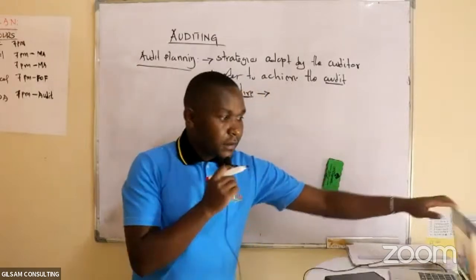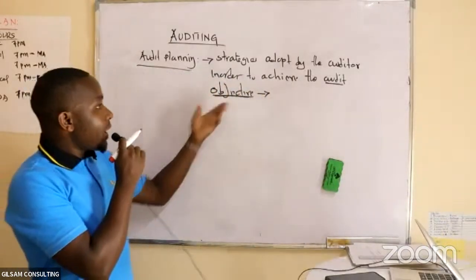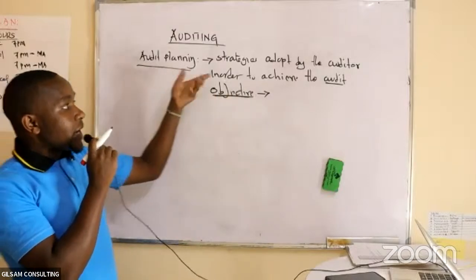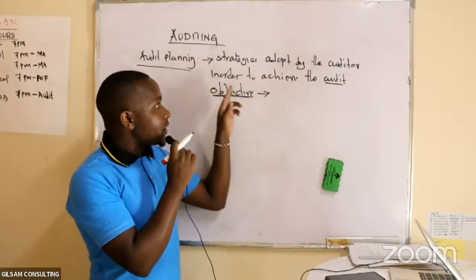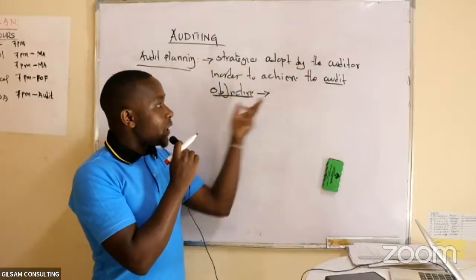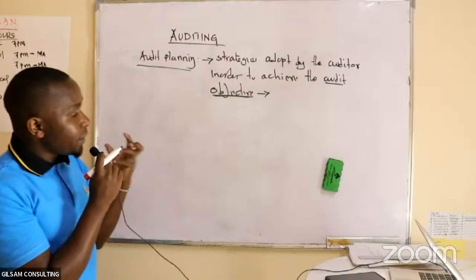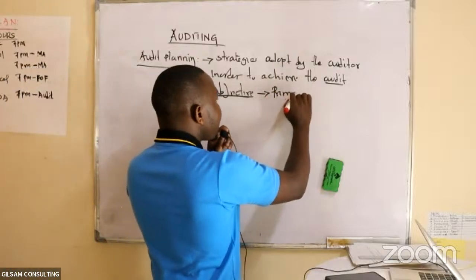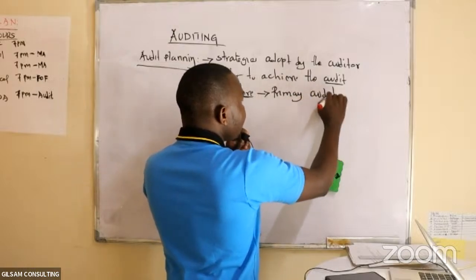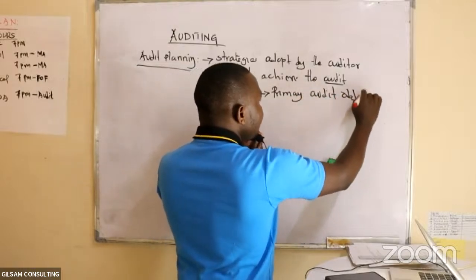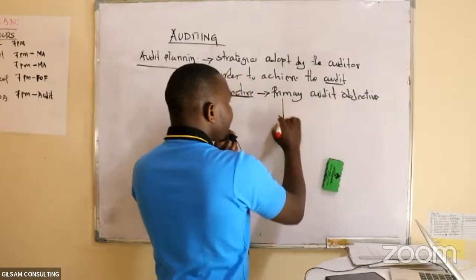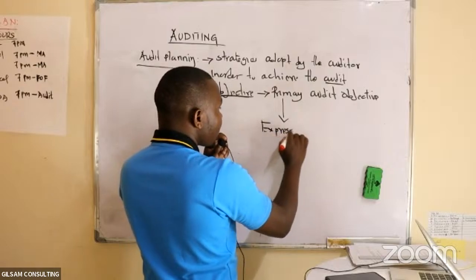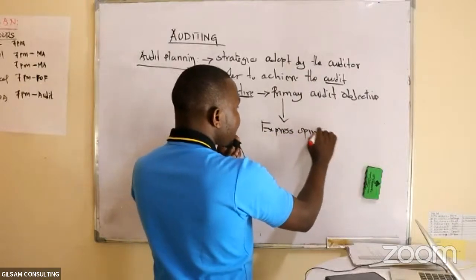So yes, good. We said that audit planning consists of the strategies adopted by the auditor in order to achieve the audit objective. The primary audit objective is to express an opinion.